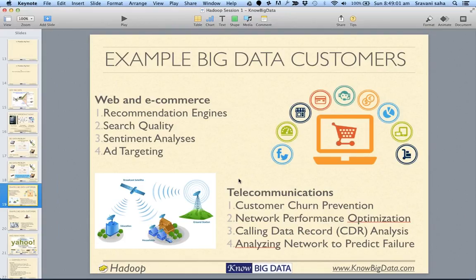Second is search quality. Whether you are Google or an enterprise search company, like we had our document management system, in either case nobody can compromise on search quality as of today. Even if you have a recruitment management system, asset management system or library management system, everywhere you need to improve your searches.